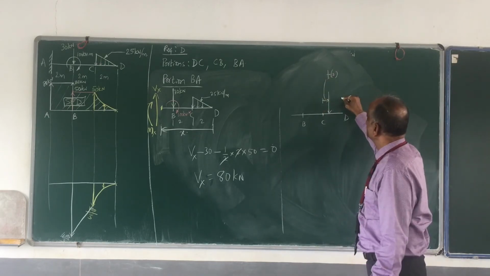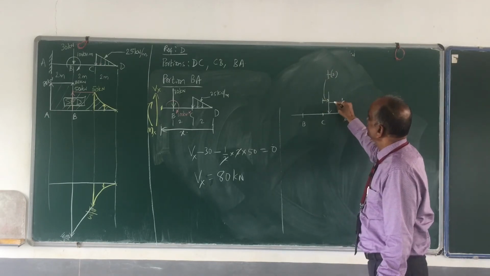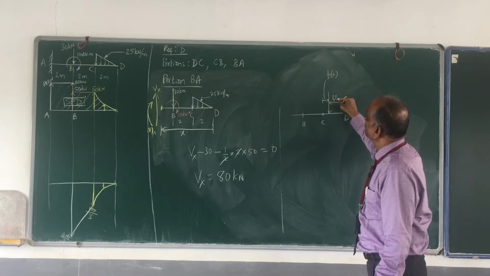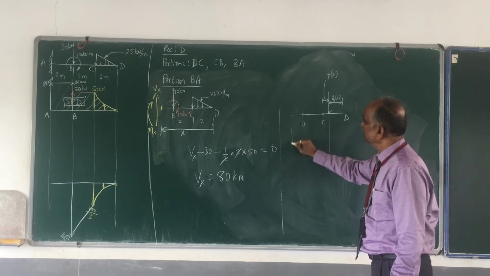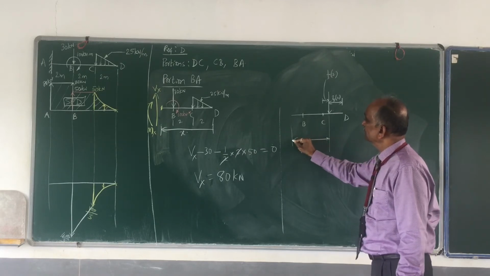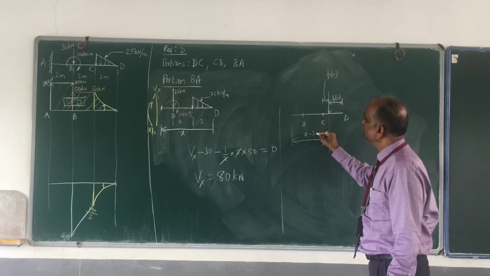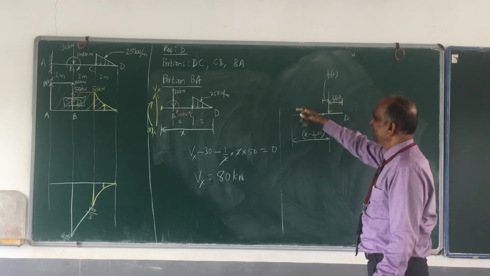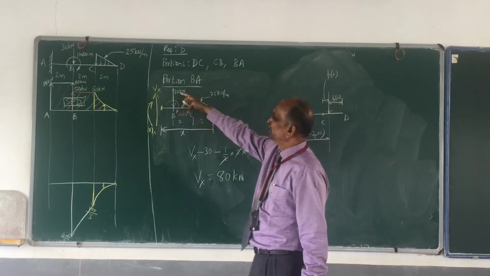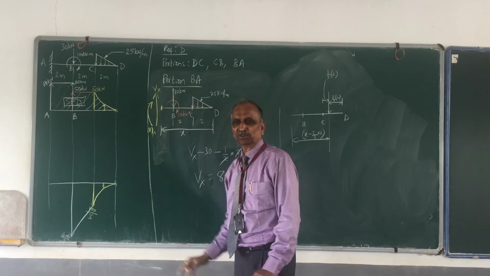And how much is this? This distance is 2/3 of 2. So what will be the distance from here to here? This distance is x minus 2/3 of 2. I have not shown the other forces, the point force and so on, for which I can refer to this diagram.